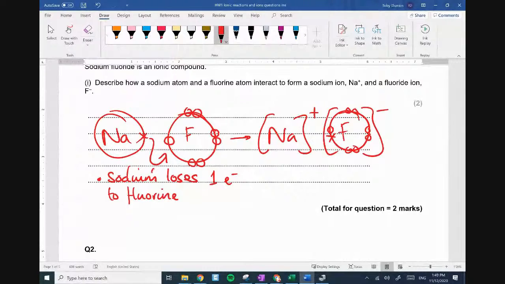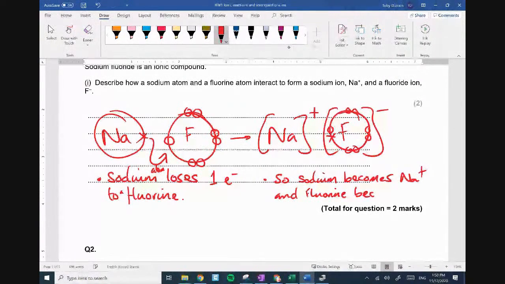Sodium atom loses 1 electron to a fluorine atom, forming, second bullet point, sodium becomes Na+, and fluorine becomes fluoride, becomes F-1-. Those are the options in terms of how you want to do it. So 2 marks for those 2.